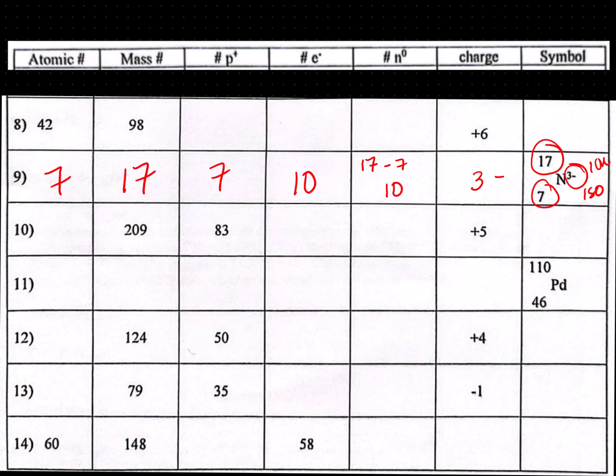Next one is 83, is the proton, which is the atomic number. We have a charge of plus 5, so there are 5 more protons than electrons. So 83 minus 5 is 78 electrons.